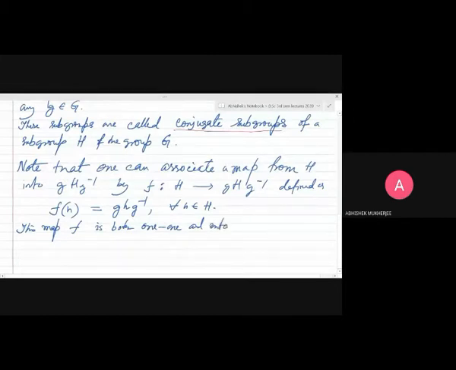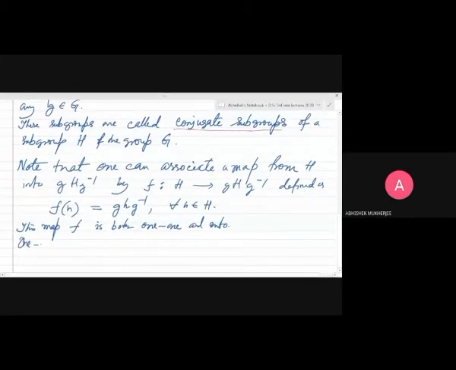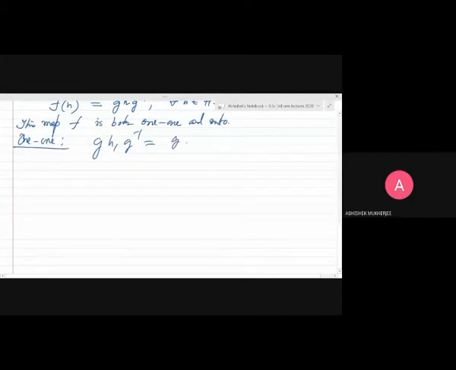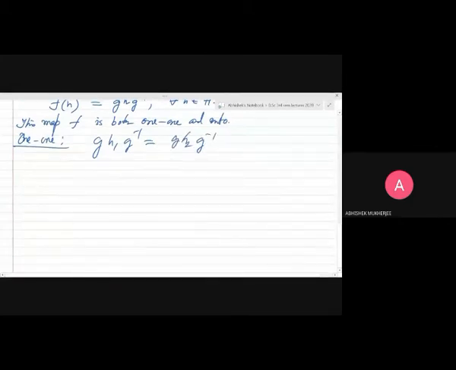Why? Why is it one-one? Because just take G h1 G inverse and G h2 G inverse. Suppose the images are same.